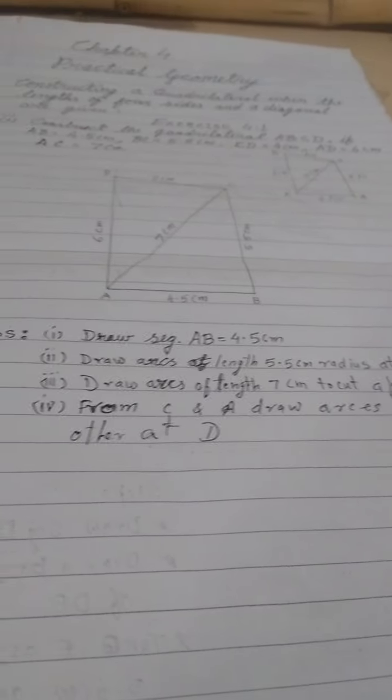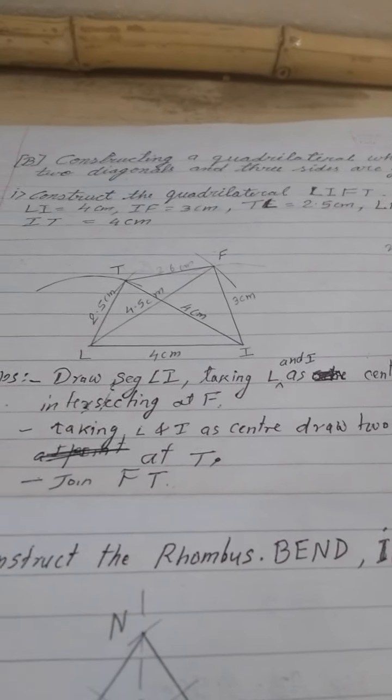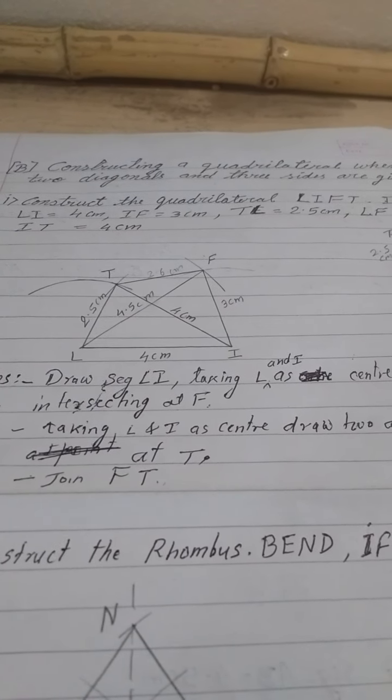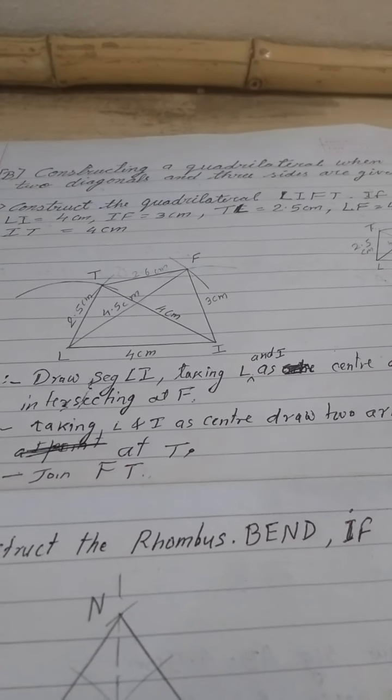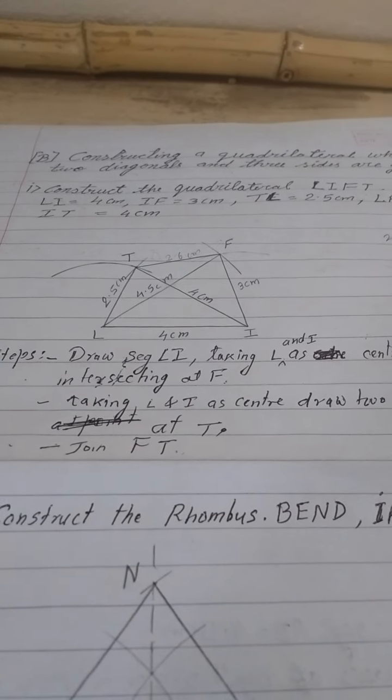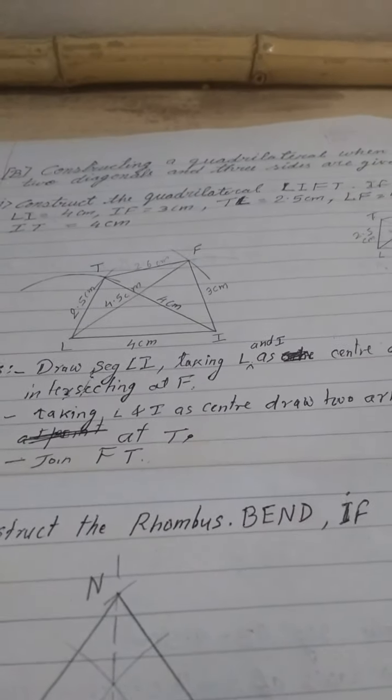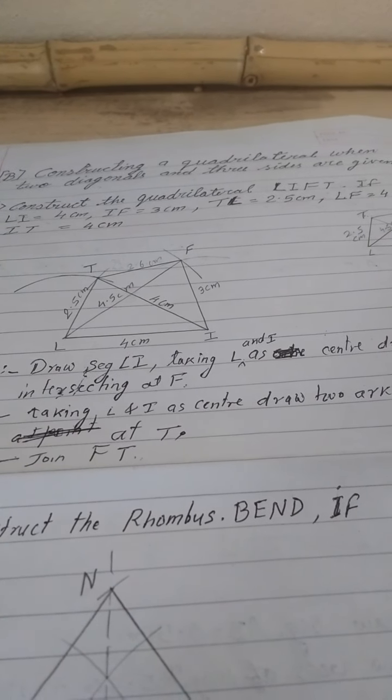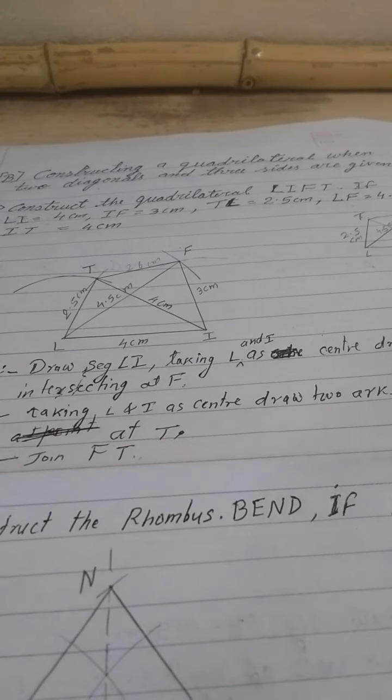Okay, now the second example I will take. The second example here is, again, construct a quadrilateral in which you have got 2 diagonals and 3 sides.